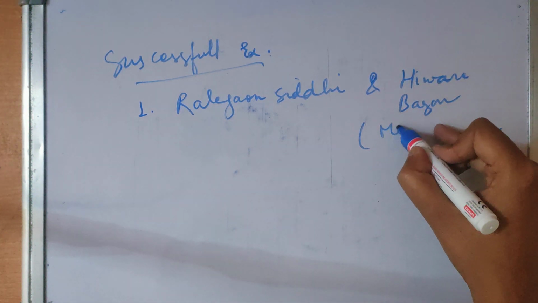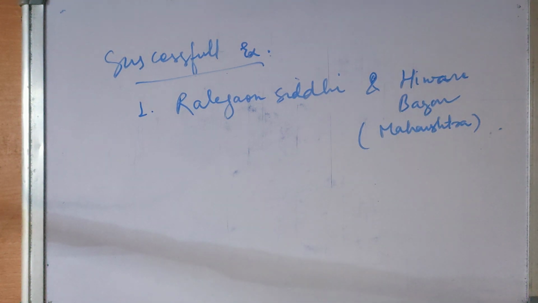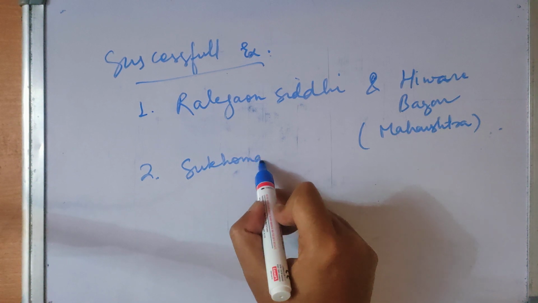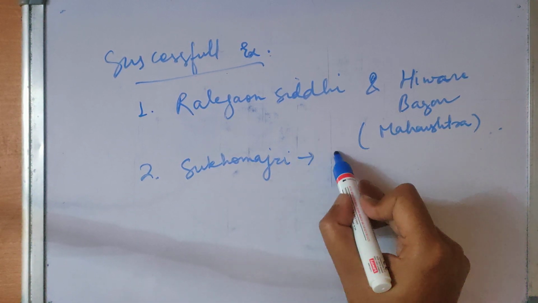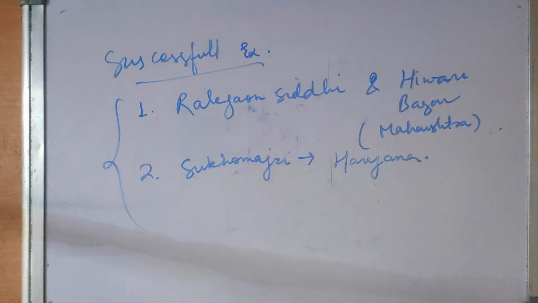These places are in Maharashtra. We have another good example, Sukhomajri in Haryana. So these places have seen that watershed management on a good scale is very much possible with the help of our farmers.